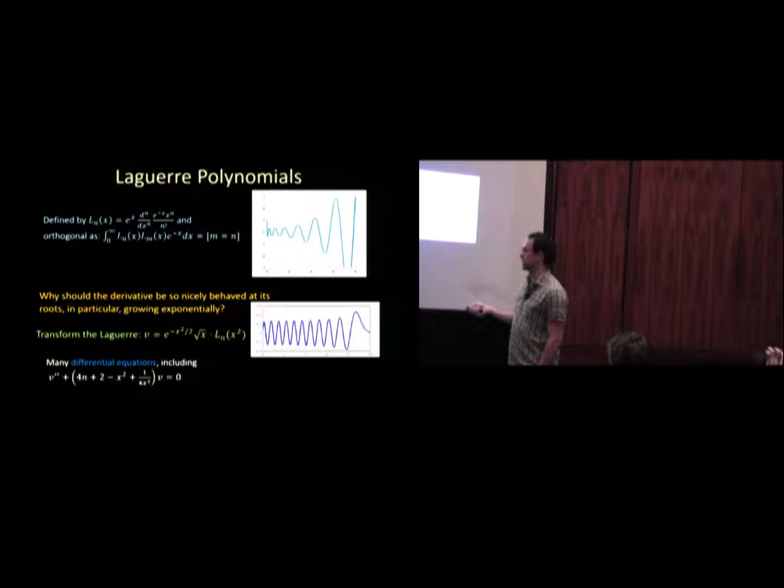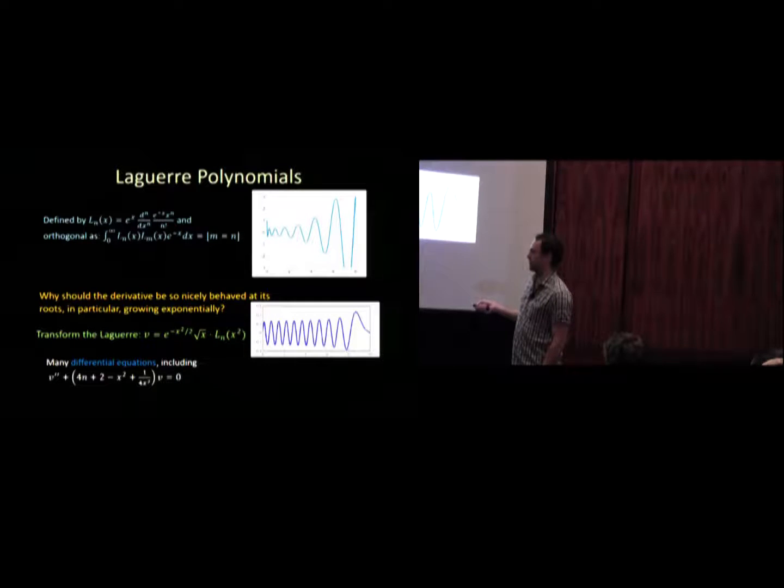And the point is that as long as x squared is substantially less than 4n, so as long as x is substantially less than root n, this term isn't going to really interfere. As long as x also isn't anywhere close to 1 over root n, this term isn't going to get substantially close to 4n.